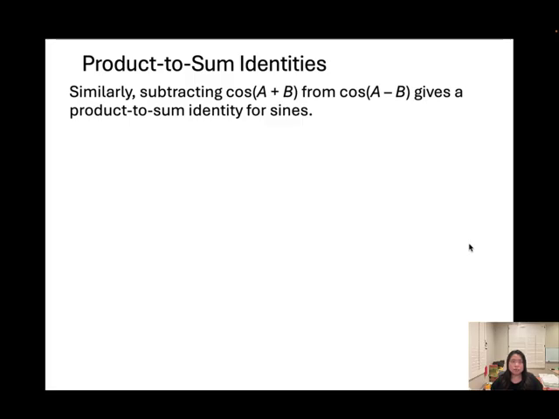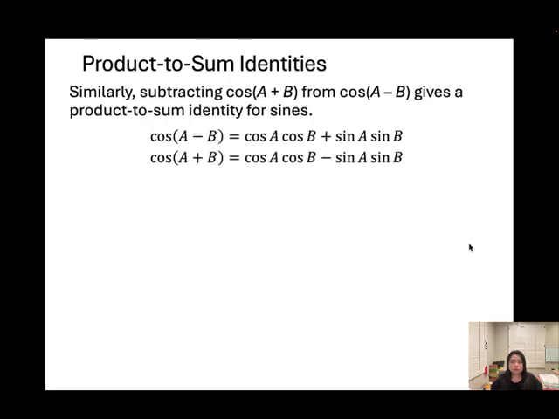And then we're going to do the subtraction for cosine A plus B and cosine A minus B. Okay, subtract it. When you subtract it, these two guys will be cancelled.